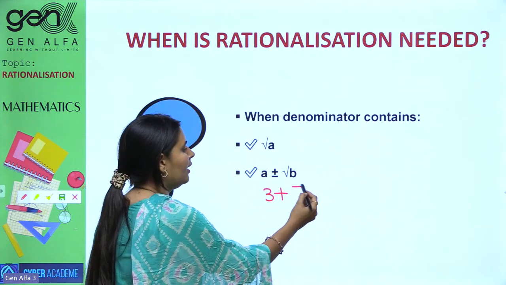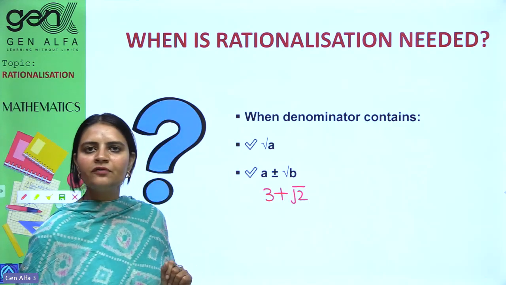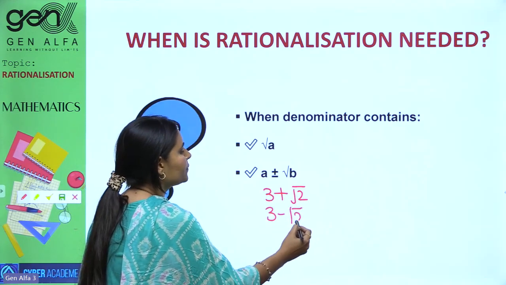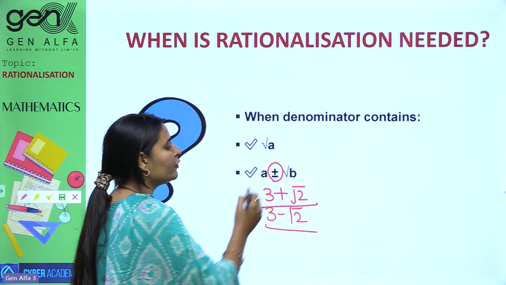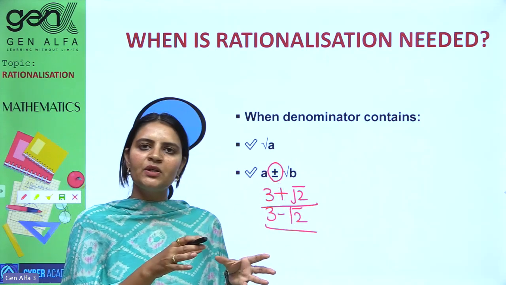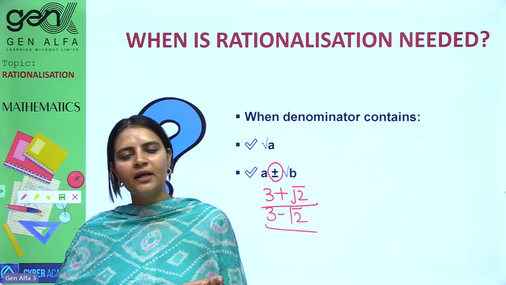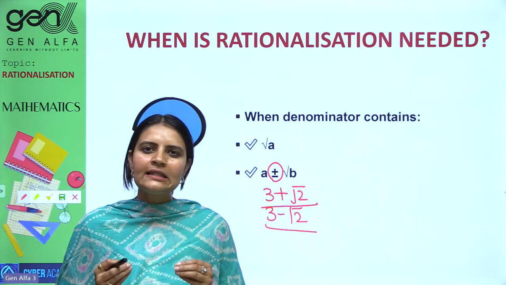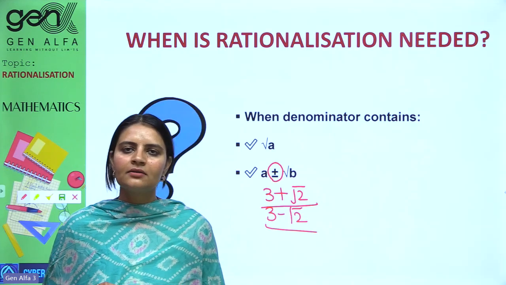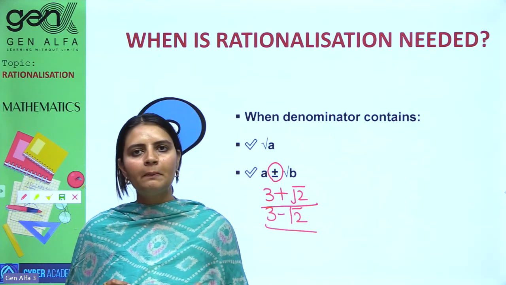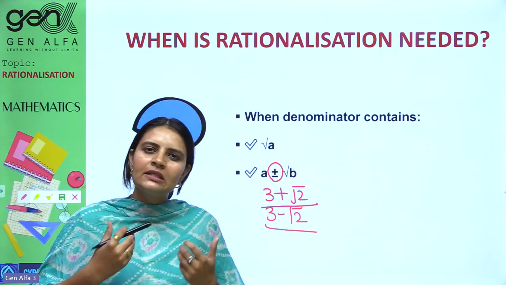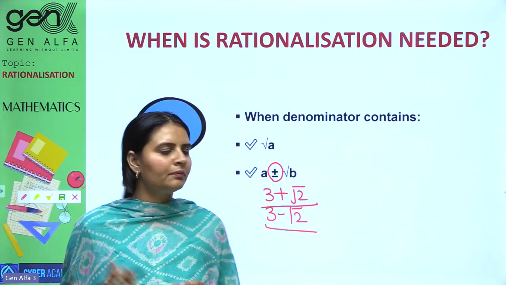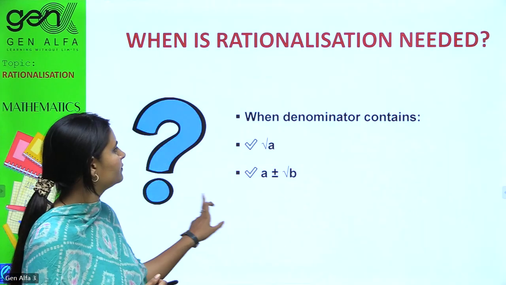If you take plus under root 2, this could be one expression, and it could be 3 minus under root 2. The same thing. That is the need of plus minus, means either you can take plus between these two terms, or you can take minus between these two terms. Yes. So whenever these type of expressions are present in the denominator, maybe single root is present, maybe in the combined form, we just need to make these messy looking numbers into root free clean manner.